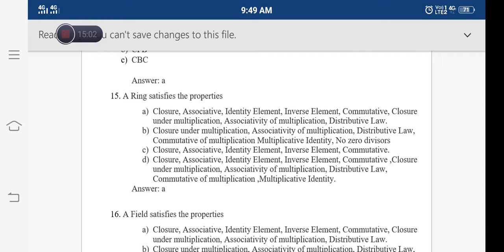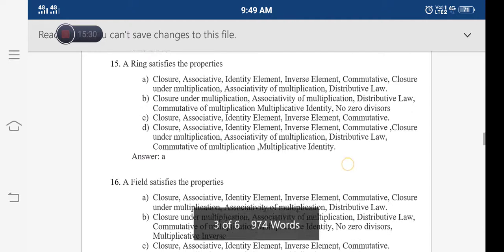Then when we consider the second operation, it must satisfy associativity, closure, and then the distributive law between the two operators. These are the minimum requirements for the ring. So the answer is A here.